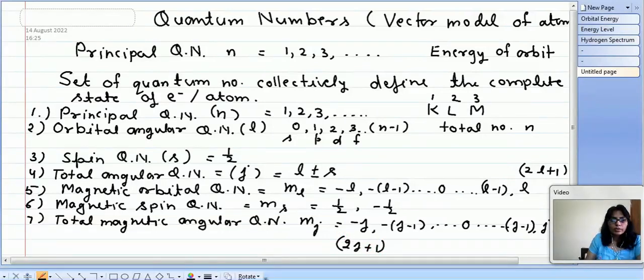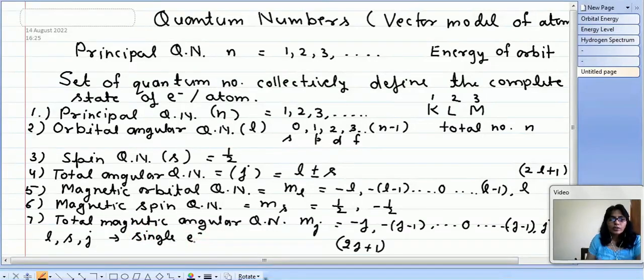And one more thing we should note here, that whenever we denote the quantum numbers by a small letter, meaning l, then s and j, then this is for the single electron.